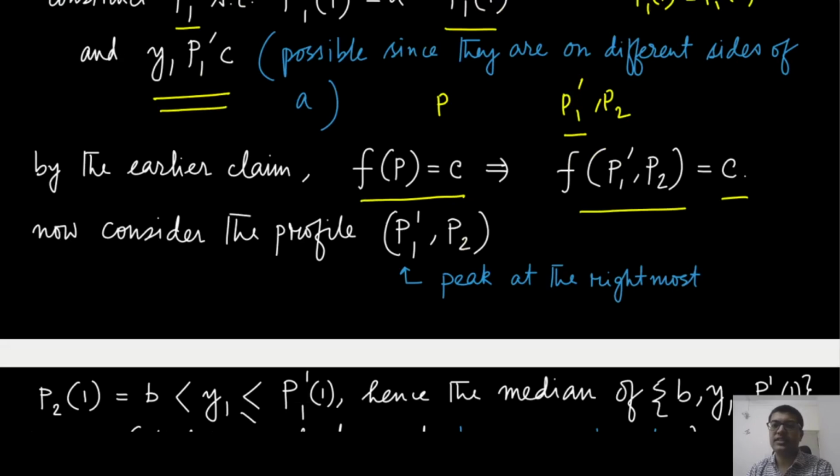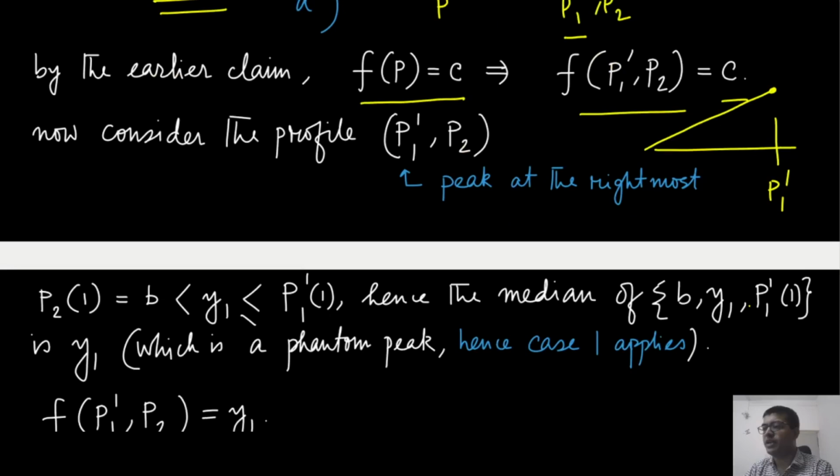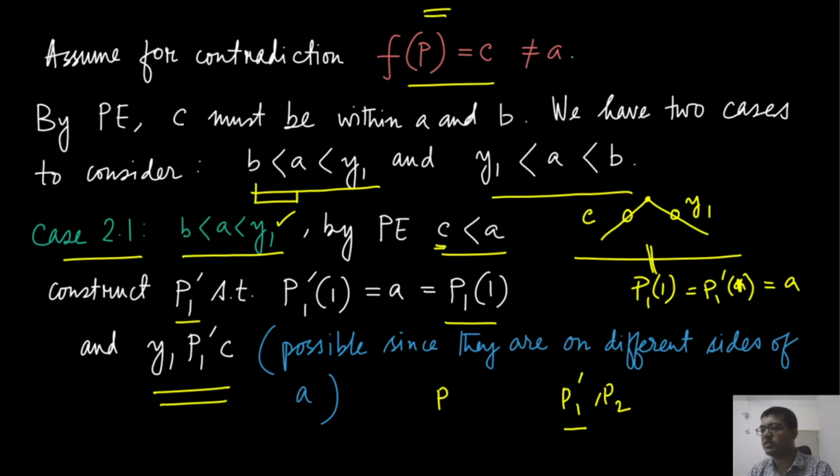Now let us consider the following profile where player 1 has the peak at the rightmost position. So remember this notation, you have p11, which means the peak is on the rightmost side, and for player 2 the preference is the same as before. Now what we observe is that for player 2 the peak is at b, which is less than or equal to y1. That is the case here.